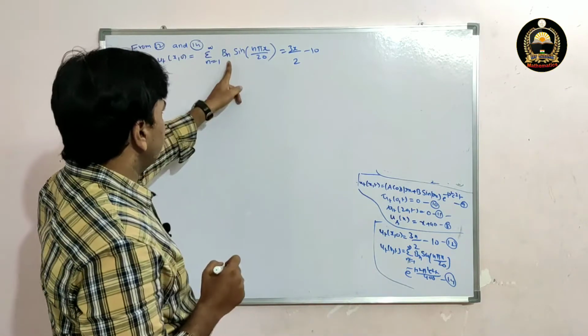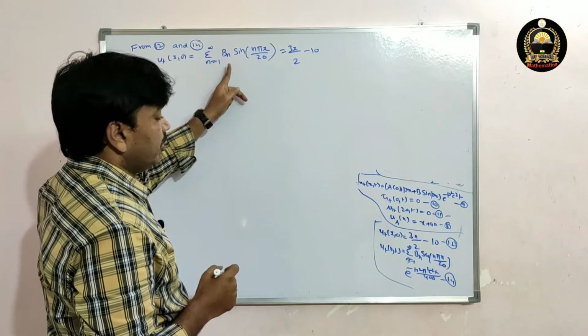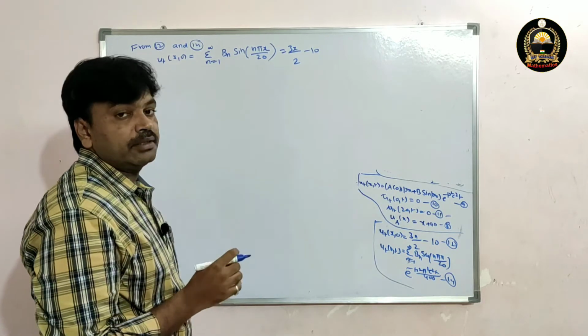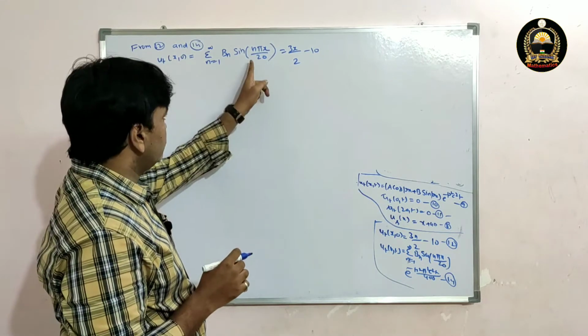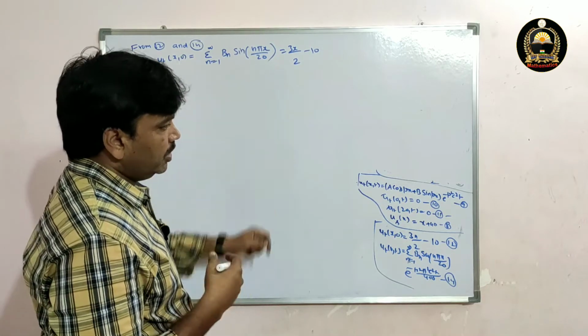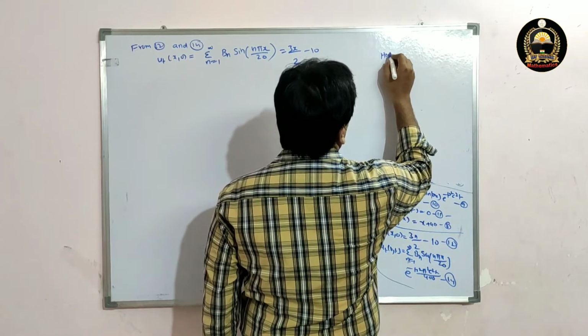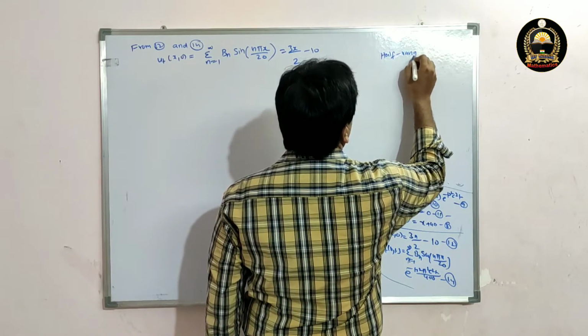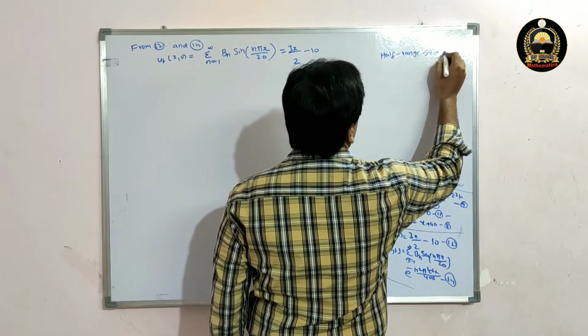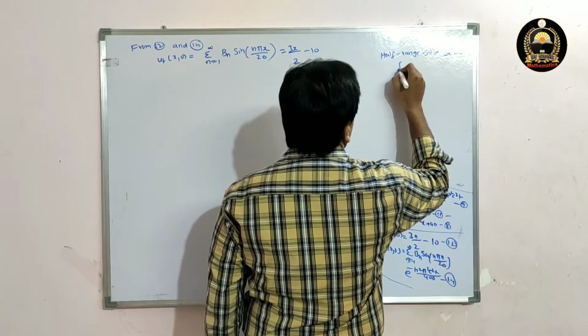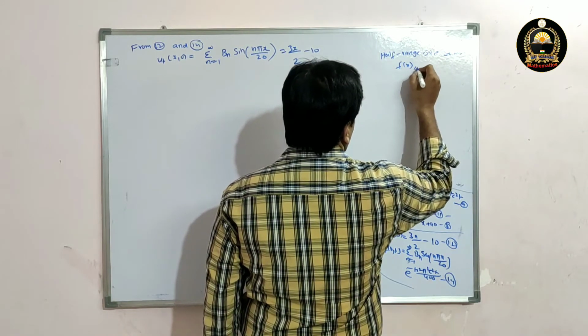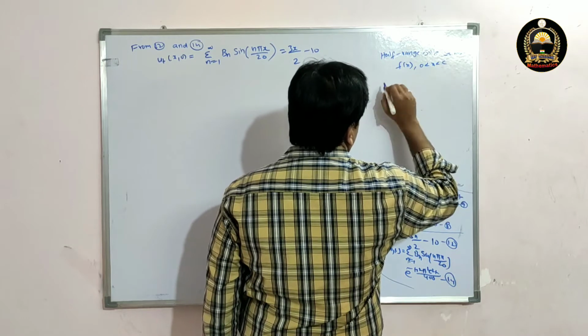Now I want to find the bn value by applying the half range. See students, I have sine, so sine series. What is the half range sine series? Say I want to find the Fourier series of f of x in the interval 0 less than x less than c.